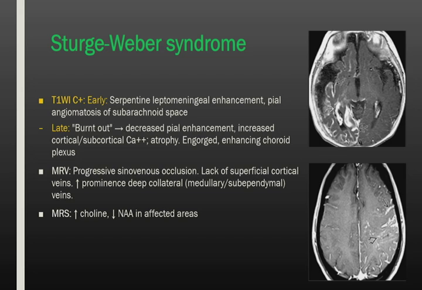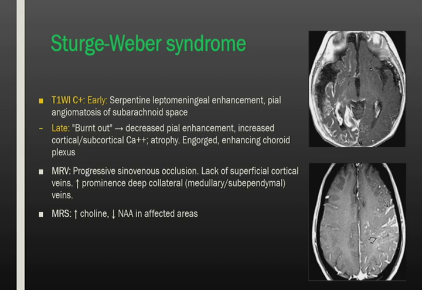In the contrast T1, in the early stage, we can see serpentine leptomeningeal enhancement, pial angiomatosis, and subarachnoid space, and in the late burnout stage, decreased pial enhancement, increased cortical and subcortical calcification, atrophy, and enhancement of the choroid plexus.